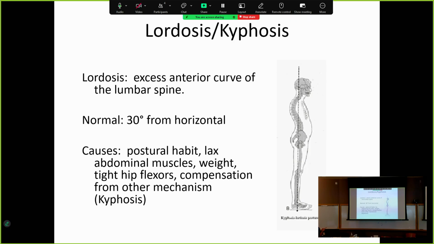And then lastly, weight is on there, right? We all know the lordotic curve that we see in a lot of pregnant women or in a lot of beer belly middle-aged men, right? That excessive anterior weight pulls forward in a way that the pelvic muscles don't stabilize adequately and you get that anterior tilt.